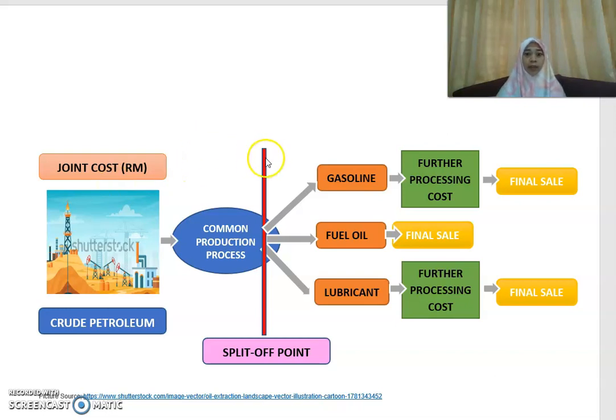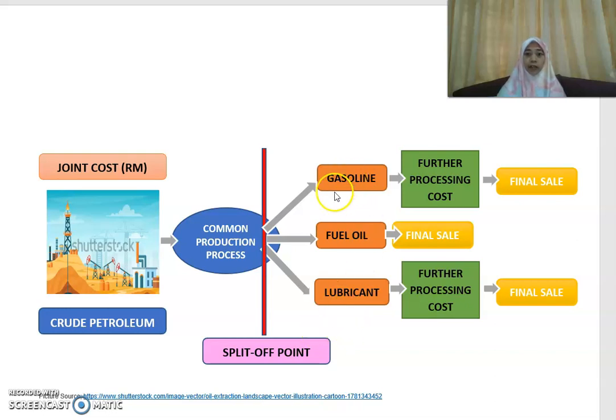And then you have the split off point here. After the split off point, in this case, you will have three products: gasoline, fuel oil, and lubricant. These are known as your joint product.